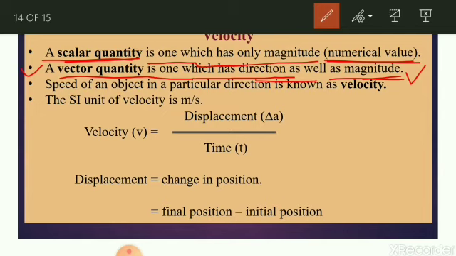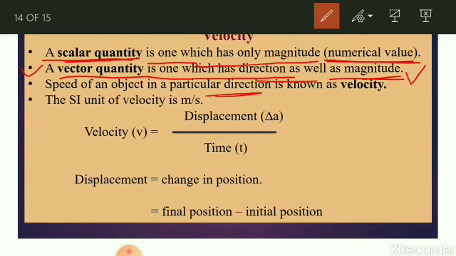But suppose the distance is mentioned and the time taken by the object in covering that distance is mentioned, but along with that, one particular direction is also mentioned.